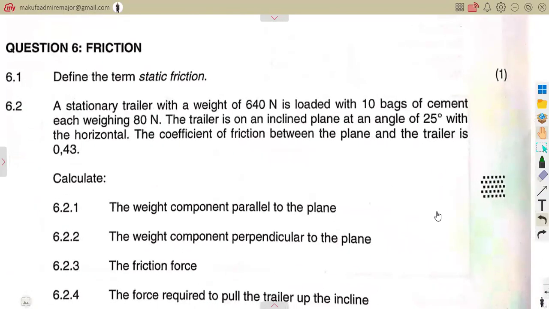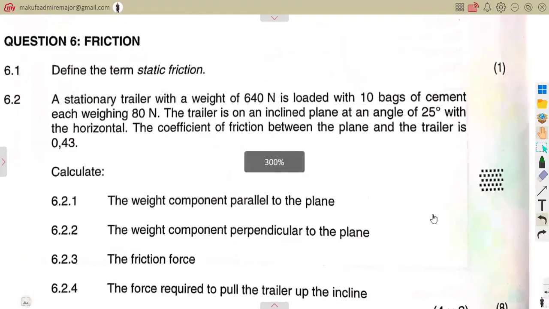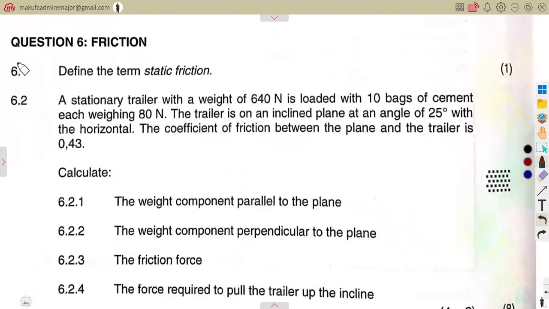On question number 6, which is friction, we are given: define the term static friction. As you know, static friction is the frictional force resisting motion up to the point of sliding.